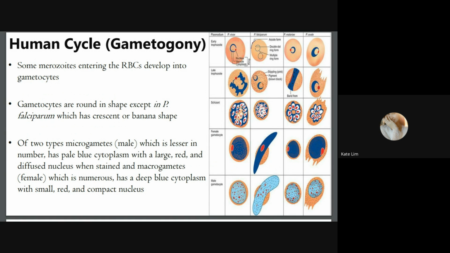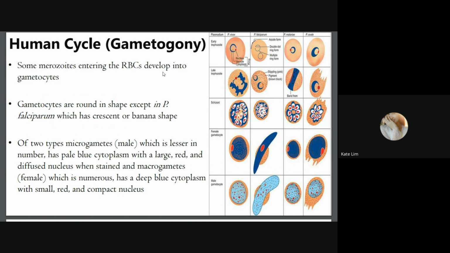Normally here, merozoites enter the red blood cells and turn into the trophozoites. But some will instead develop into gametocytes and would undergo the last phase of the human's life cycle, which is gametogamy. These gametocytes are important because they are the form that can be taken up by a mosquito, continuing the life cycle. If you remember, gametocytes are the infective stage for the mosquito.